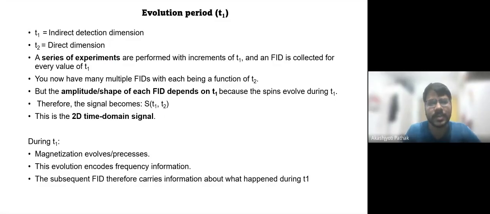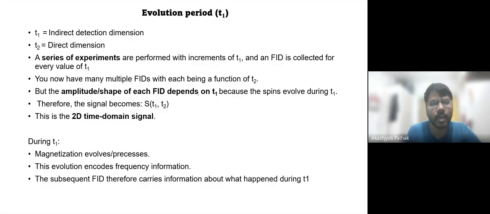So a series of experiments are performed with increments of T1, and an FID is collected for every value of T1. As a result, we have multiple FIDs, each being a function of T2, but the amplitude or shape of each FID depends on T1 because the spins evolve during T1.